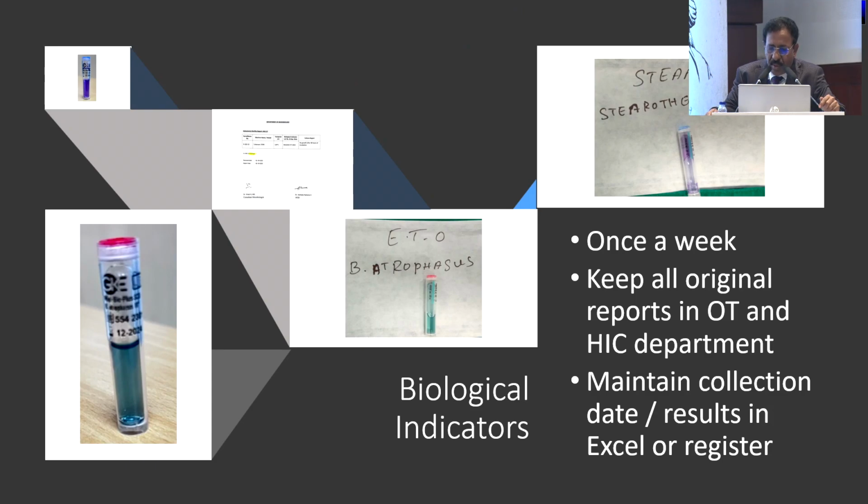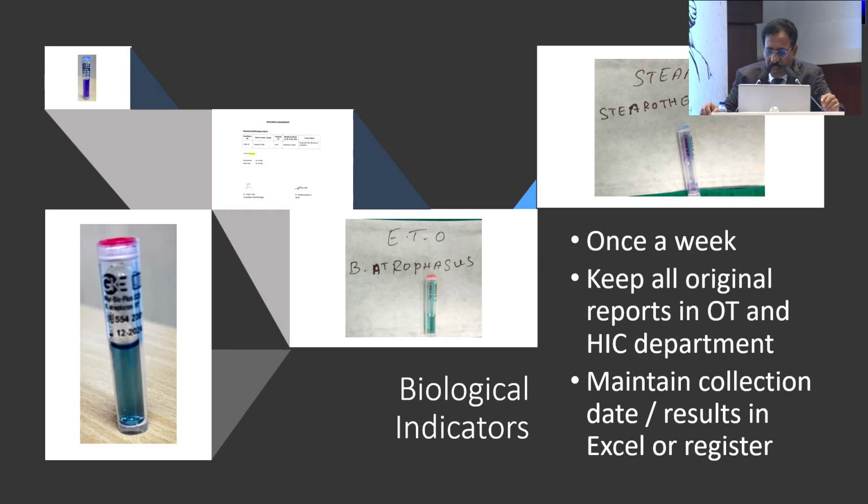For the biological indicators, there has to be a timeline for using them. The ideal is to use them once a week or more frequently, depending on the volume of operations and the number of loads you do. You need to keep all original reports in the operation theatre and the hospital infection control committee department.